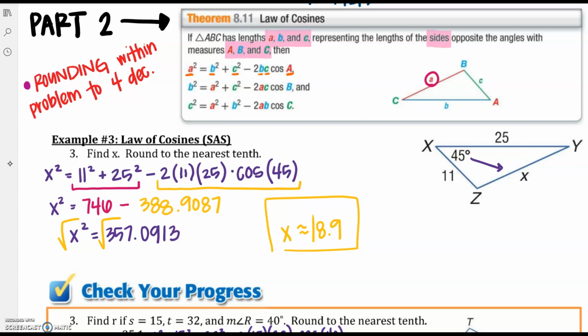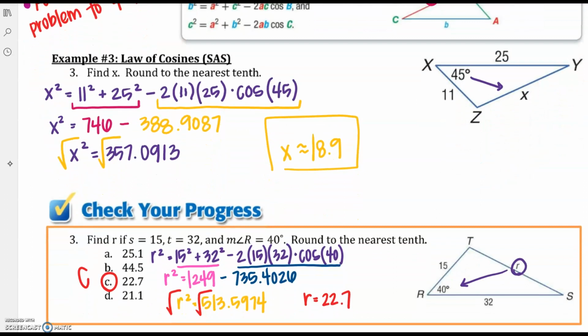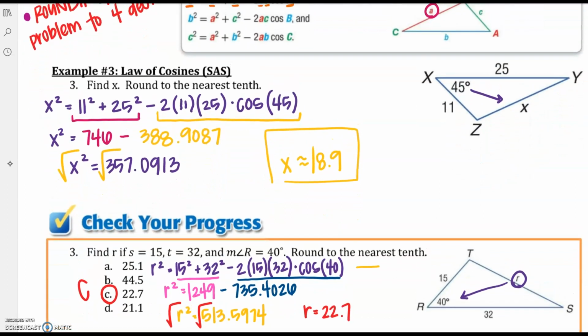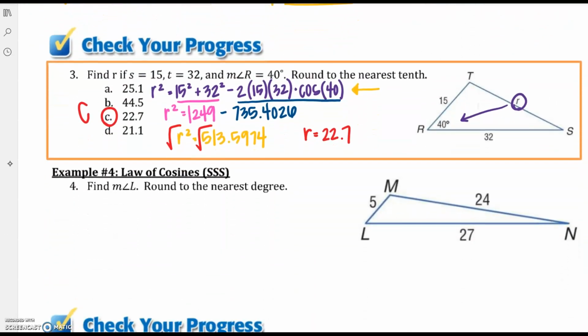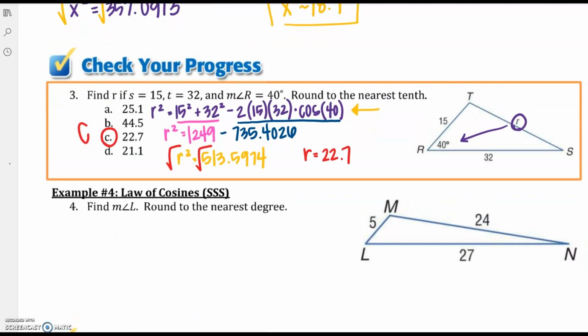So go ahead and stop this video, check your progress. Here is the formula and my plug-ins, and then as I go through my steps, I get an answer of 22.7.